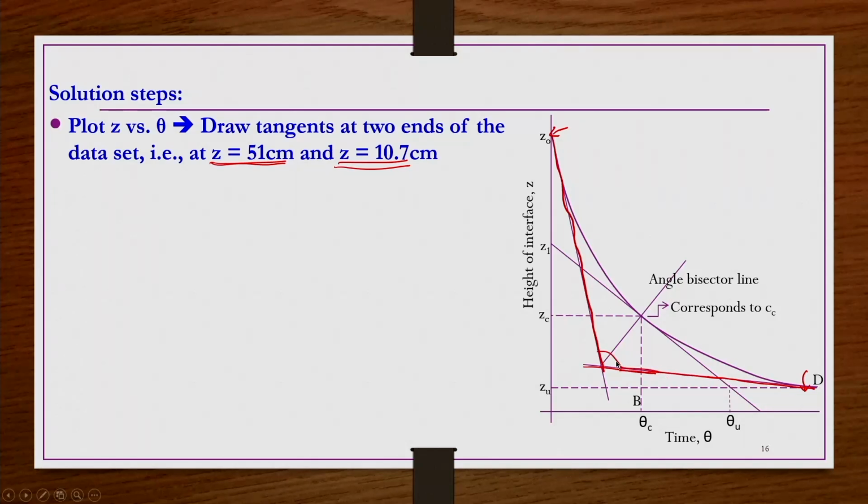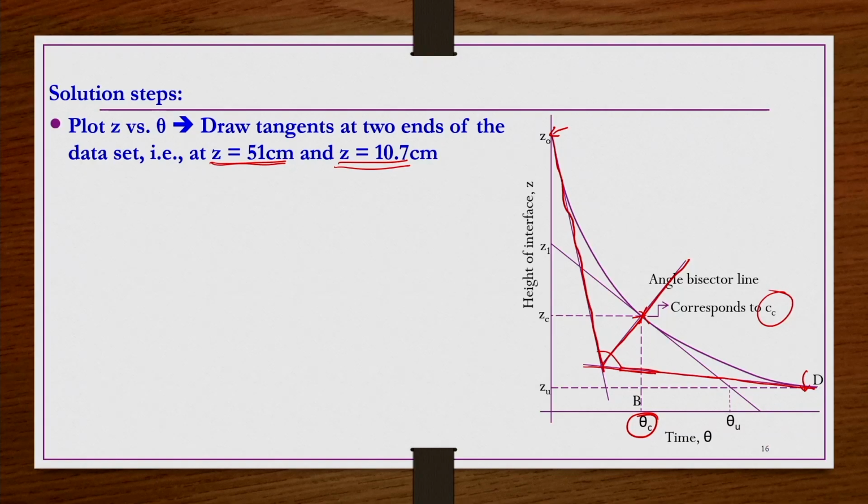Extend these tangents so that they intersect. They intersect at a certain angle, so you divide that angle into 2 equal parts and draw an angle bisector line, extending it towards the z versus theta curve. This angle bisector line intercepts the curve at a certain point that corresponds to the critical concentration or critical point, and the time is known as the critical time.